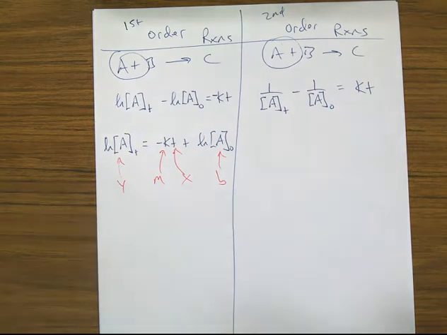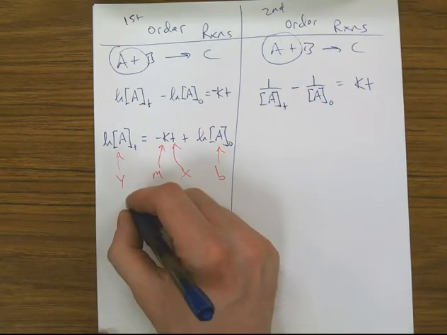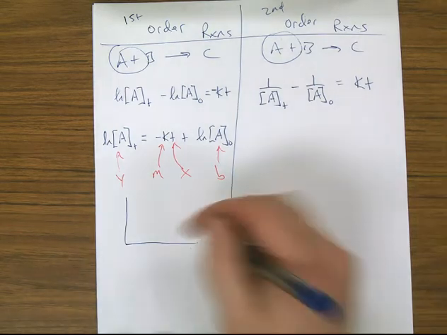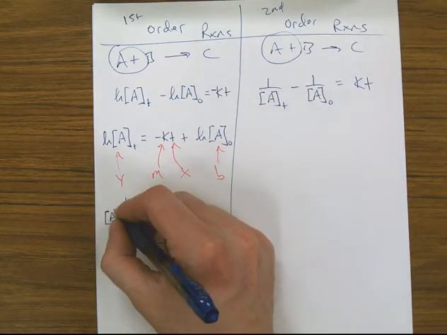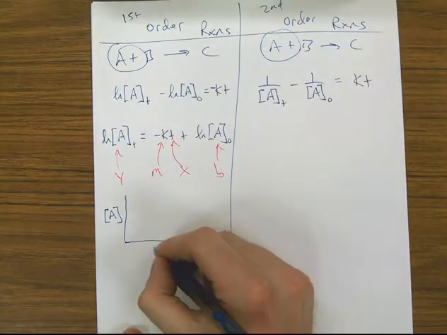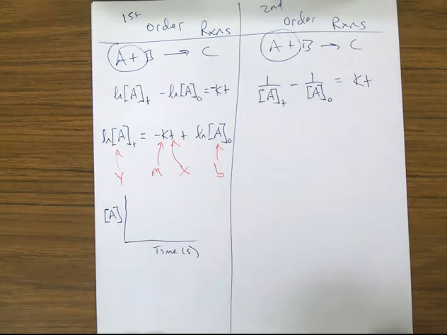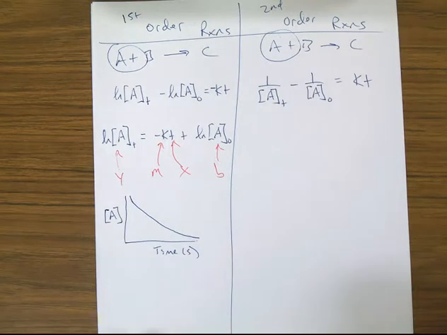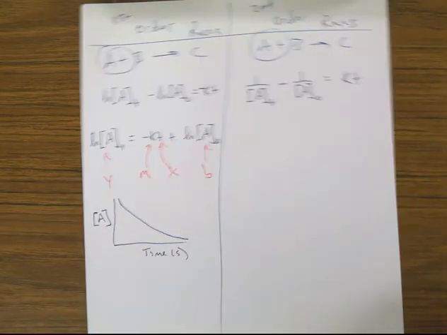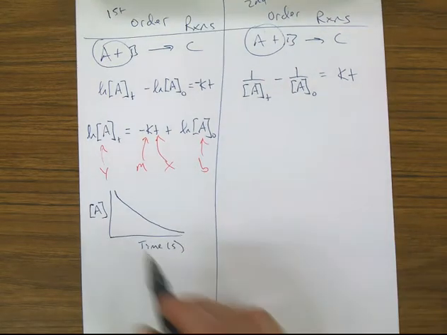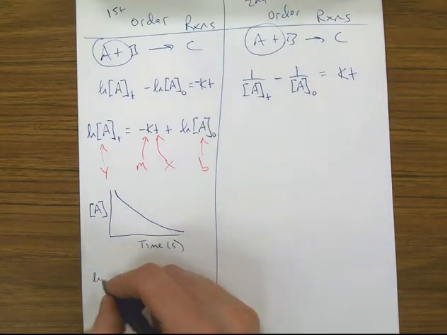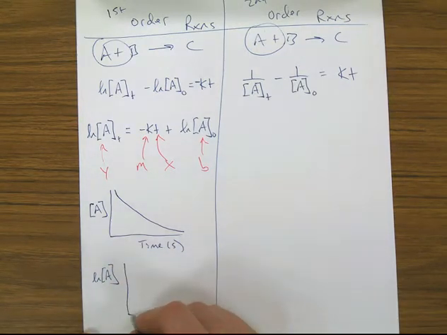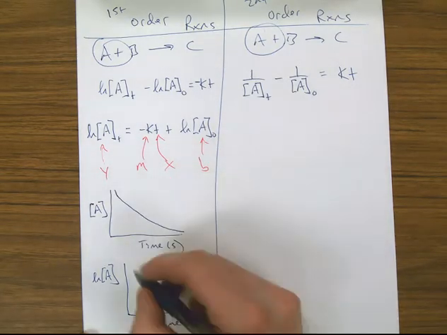So for a first order reaction, if we have a graph that looks like this, and we have the concentration of A on the left here, and we have time in seconds on the x-axis, over time, reactant A is going to be disappearing, and of course, it'll be producing product C. What we can do is take the natural log of A, and when you take the natural log of an exponential decay, instead of it being exponential, it makes it linear.